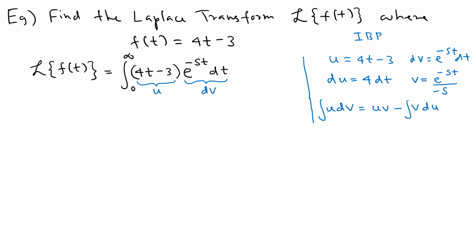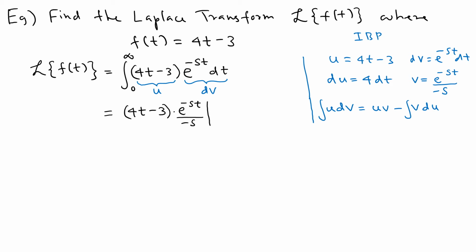So that's the integration by parts formula, and we can use that now. Once you use it, uv means the product, so we multiply the two. That means you're going to get (4t minus 3) times e to the minus st divided by minus s.